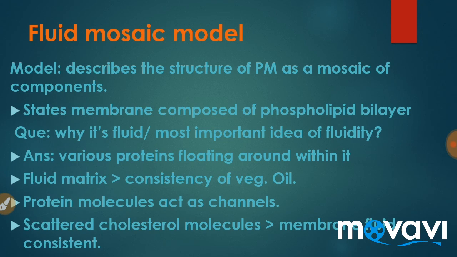This includes active transport and passive transport. There is one more thing about cholesterol molecules. They increase membrane fluidity, and we can say they are responsible for the flexibility of the membrane. So this was about the fluid mosaic model. In the next videos we will talk about the detailed structures and functions of each and every component.